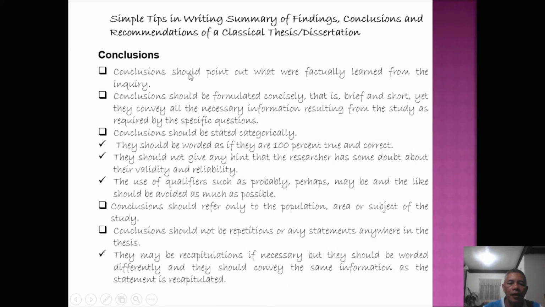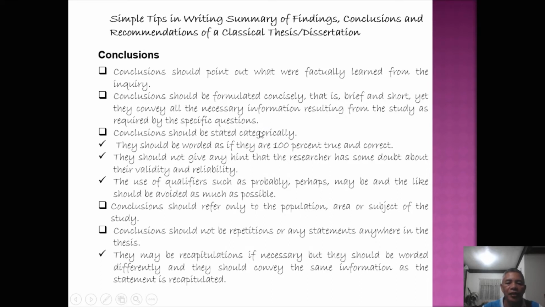Conclusions should point out what were factually learned from the inquiry. Conclusions should be formulated concisely, that is, brief and short, yet they convey all the necessary information resulting from the study as required by the specific questions.